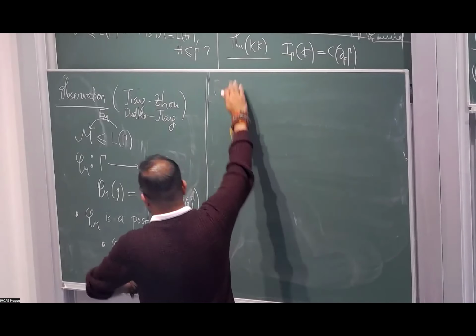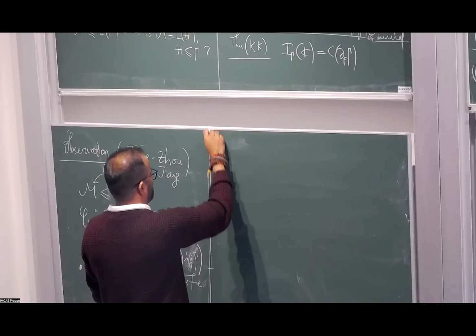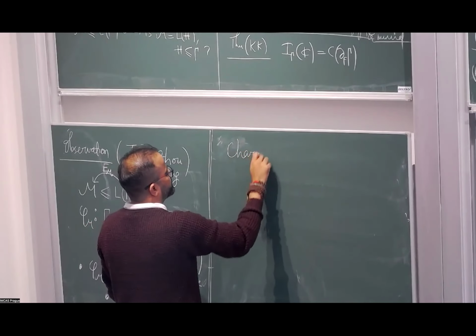And the thing that goes into the proof for SLNG is this property called character decomposition.